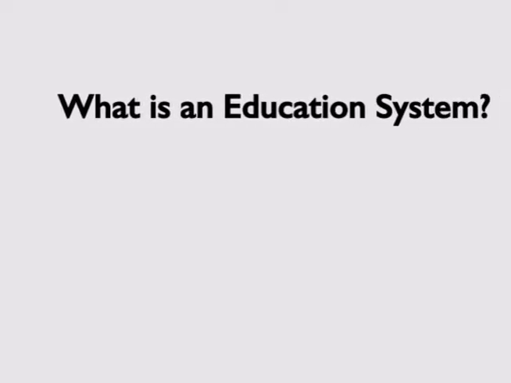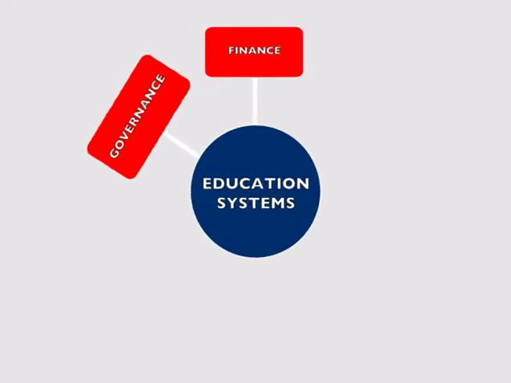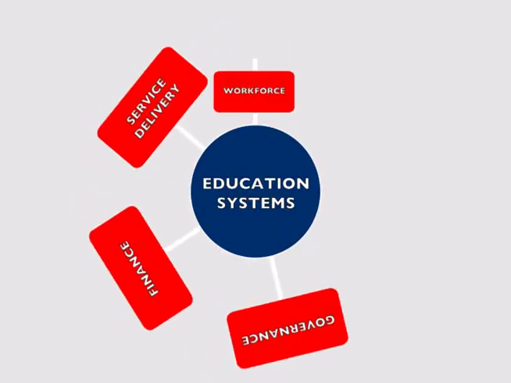Africa Bureau's education team decided to conduct a review of education system strengthening. What is an education system? An education system consists of all people, institutions, resources, and activity whose primary purpose is to improve, expand, and sustain education outcomes. And the team defined 5 core education system functions.